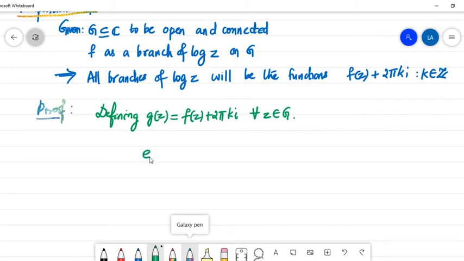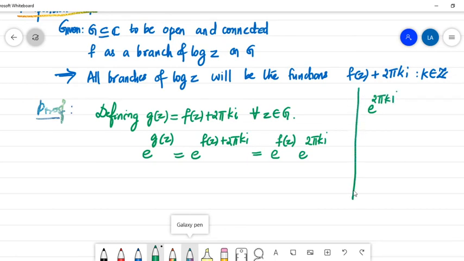Now I am taking e to the power g of z. Okay, e to the power g of z is nothing but e to the power f of z plus 2 pi ki, right? By the property of the exponential function, this is equal to e raised to f of z into e raised to 2 pi ki, right? Now you can think about e raised to 2 pi ki.